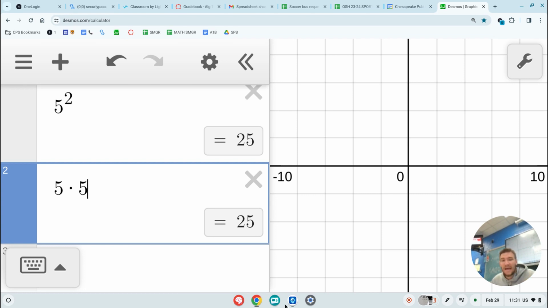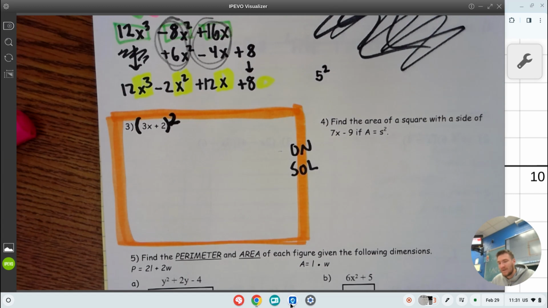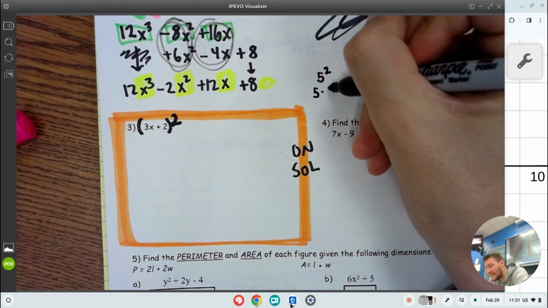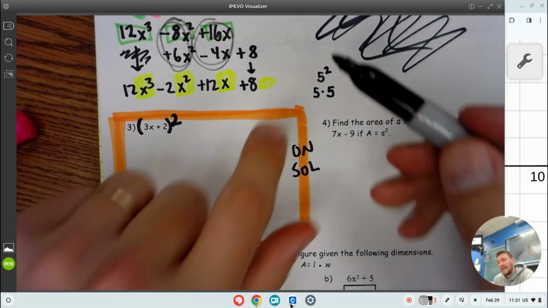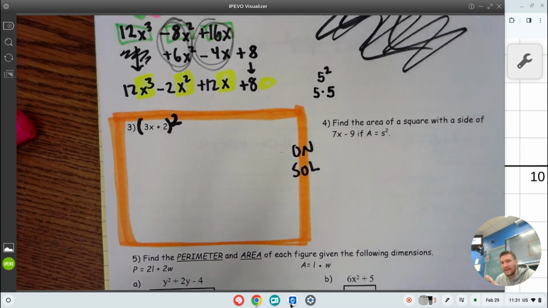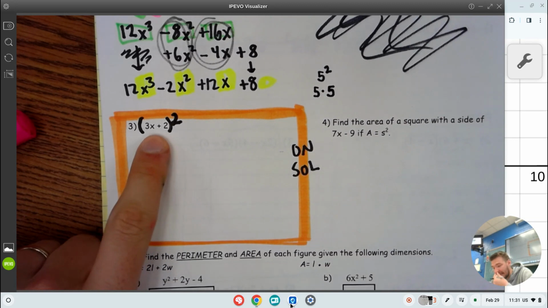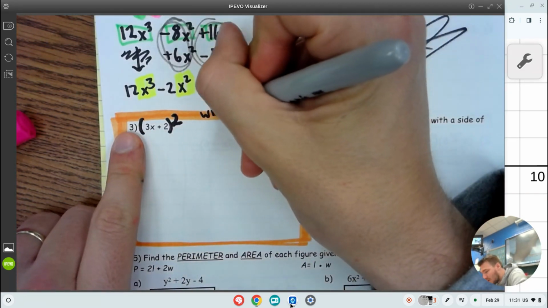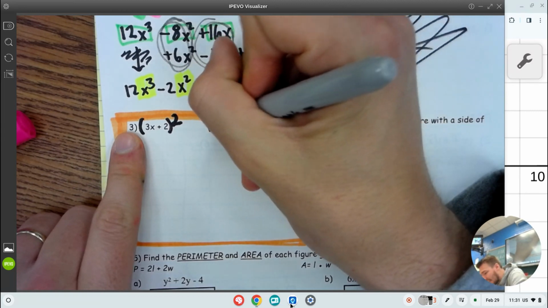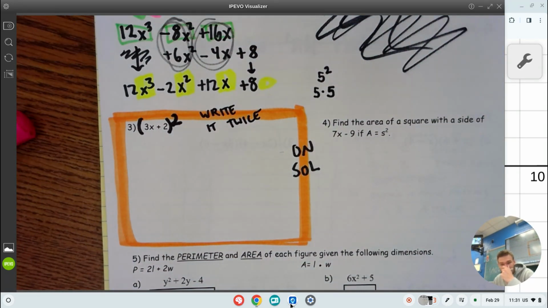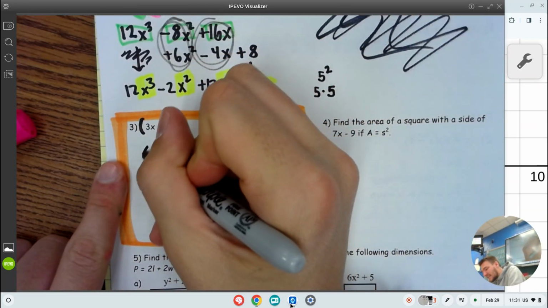If you have 5 squared, it literally means duplicate. Write it twice. So for this question, when we say something squared, we are going to write it twice.